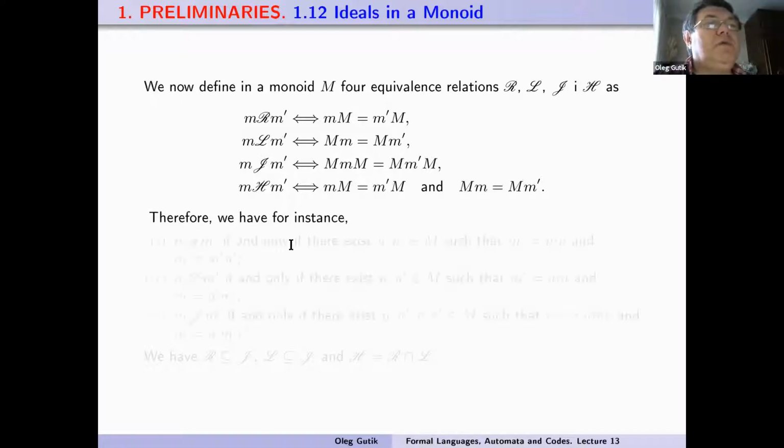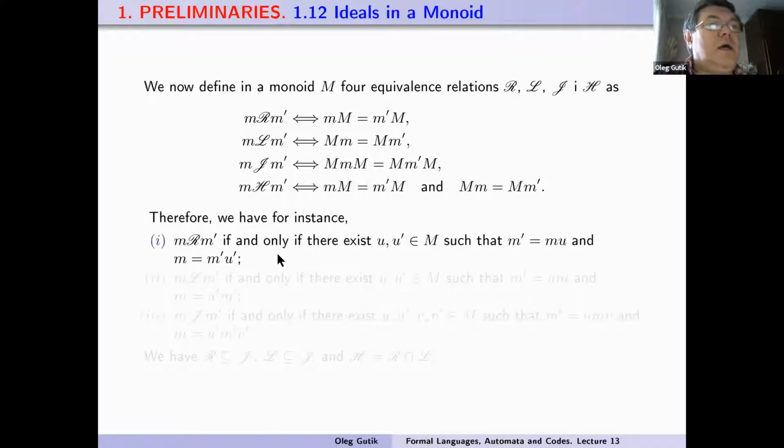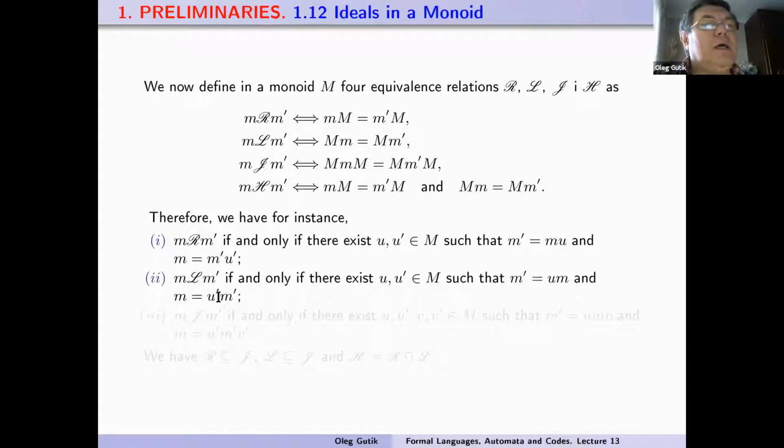Therefore, we have, for instance, m is R-equivalent to m' if and only if there exist u and u' from M so that m' = mu and m = m'u'. Also, m is L-equivalent to m' if and only if there exist u and u' from M so that m' = um and m = u'm'.